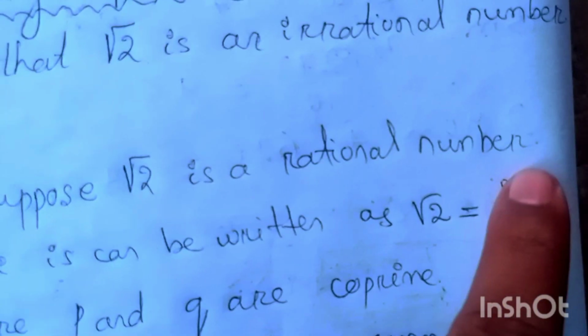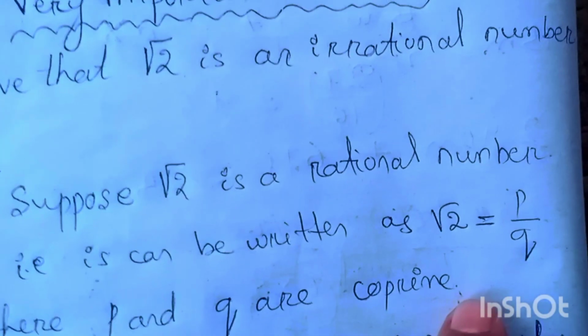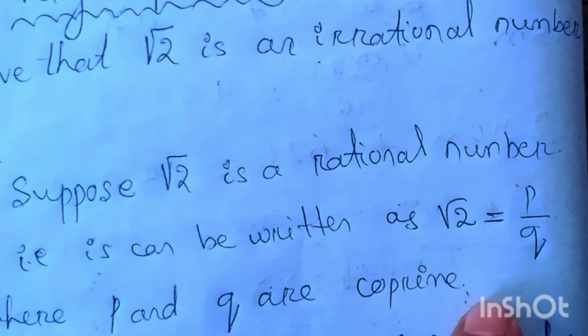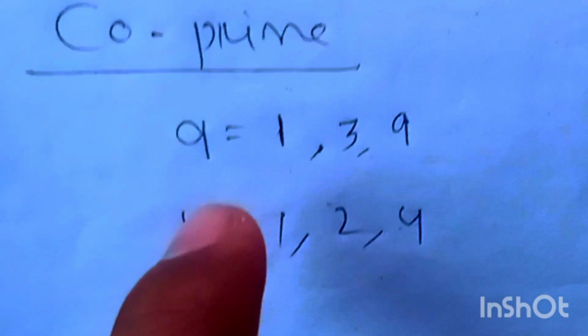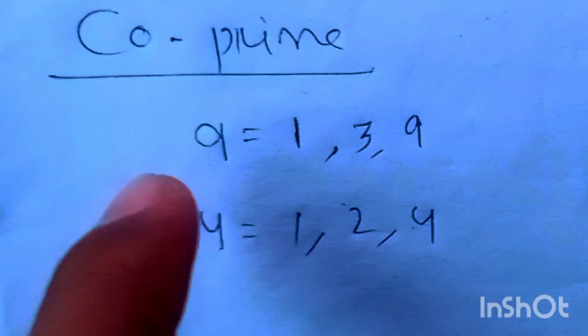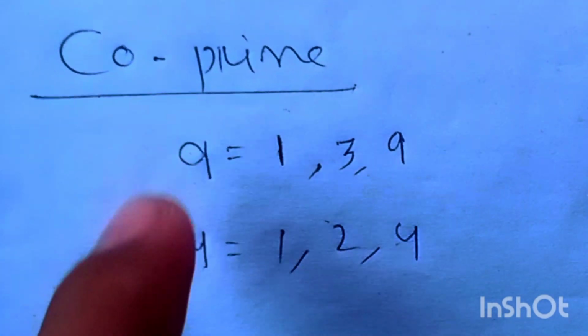Suppose root 2 is a rational number. That means it can be written as root 2 is equal to p by q, where p and q are co-prime. What is co-prime? Co-prime means if we take two numbers, let's consider 9 and 4.